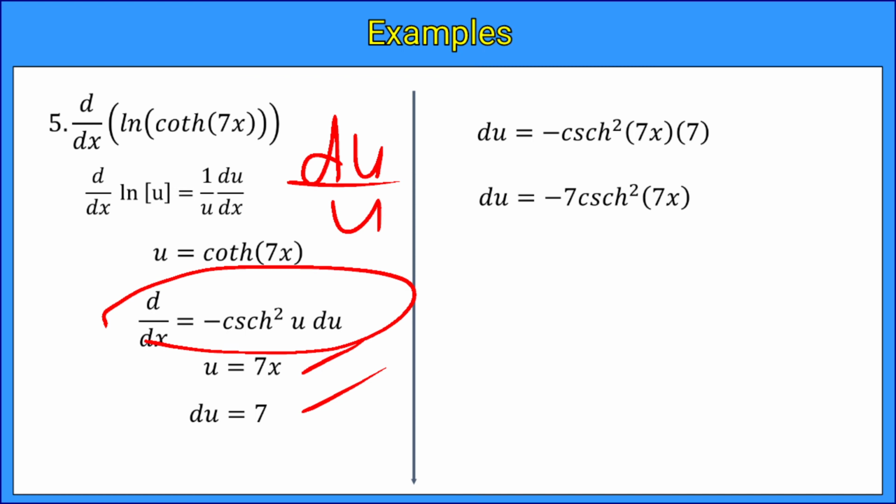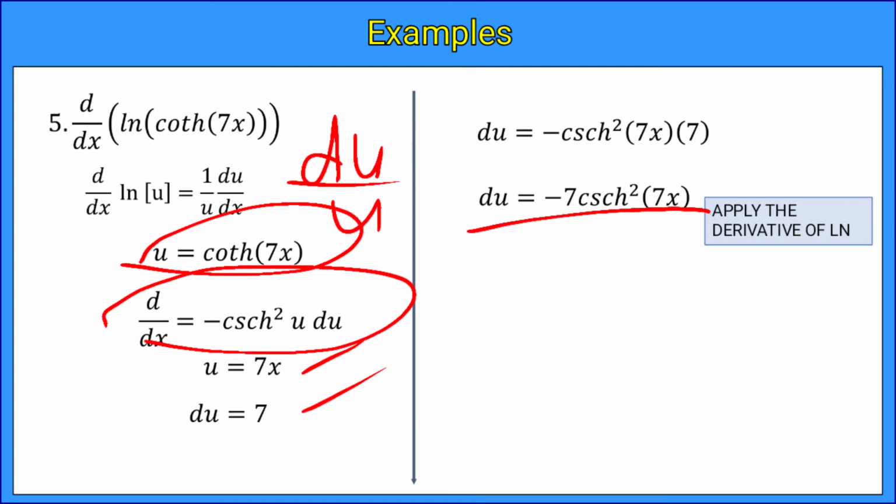And after this, we're going to start to apply the derivative of our natural logarithm. So we're going to use du over u. Again, the value for du is this, and our u is this. Just plug it in. So we're going to get negative 7 hyperbolic cosecant squared 7x over hyperbolic cotangent 7x.